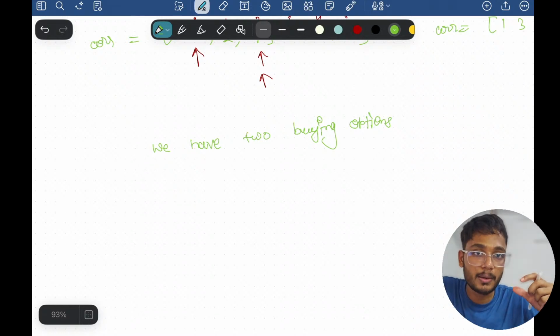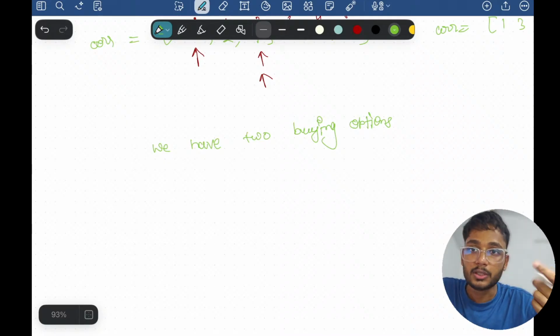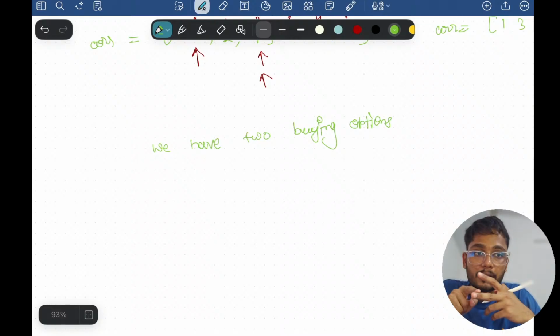Earlier, in the second example, we were simply doing: if we have the option of buy, then we will buy, or we will not buy. But here we need to check two things: whether there is any buying option available. It could be the first time you are buying, the second time, or you are trying to buy a third time.